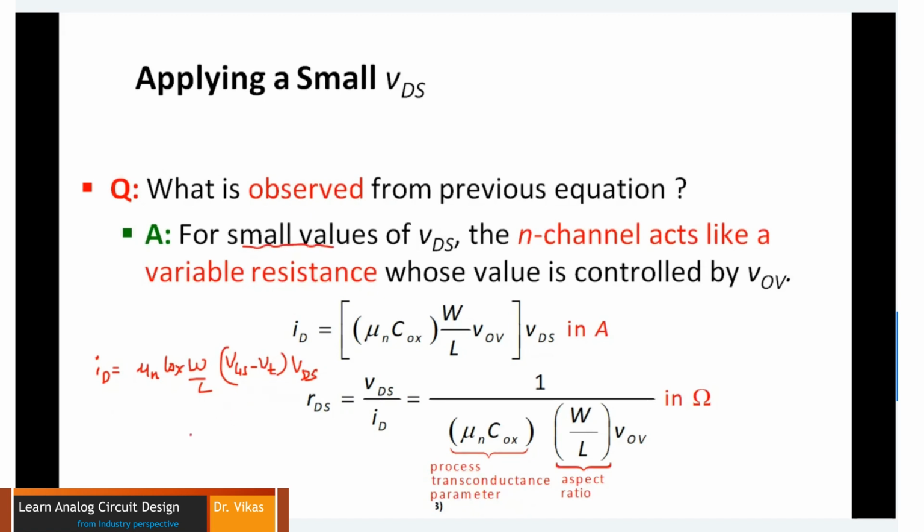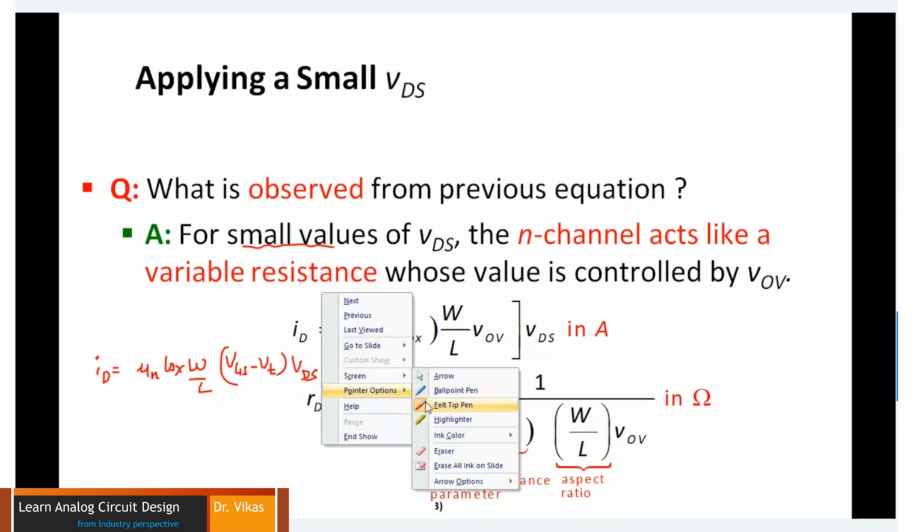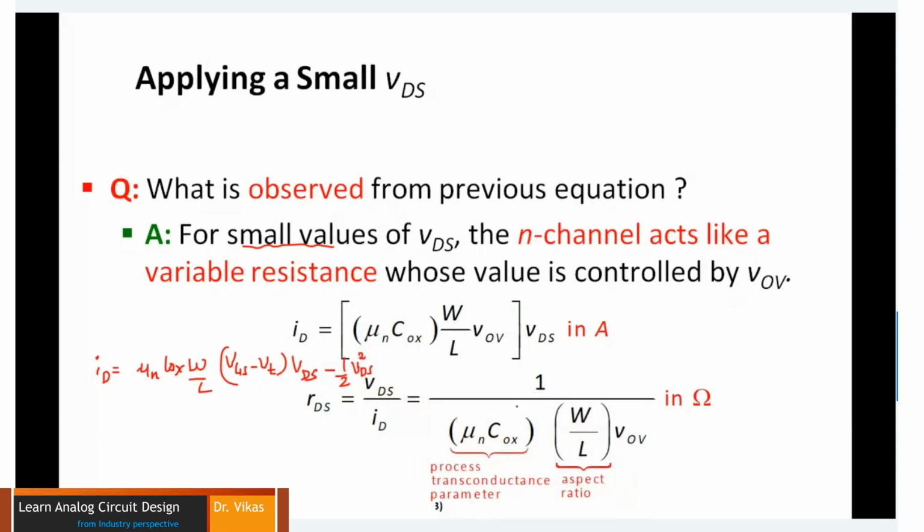Of course, if I try to derive it, it would be something like this: minus 1 by 2 times VDS square. So this would be basically how my equation looks. But because I'm talking in terms of a small value of VDS, if VDS is itself very small, then the square of that would be even smaller, and as a result I can ignore the last component of my equation.